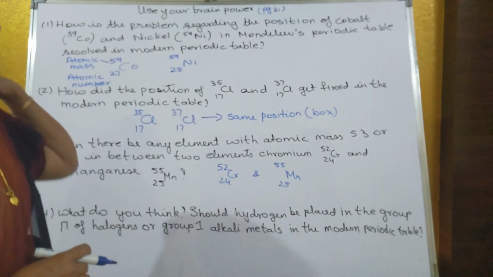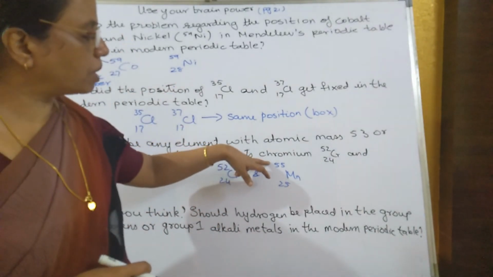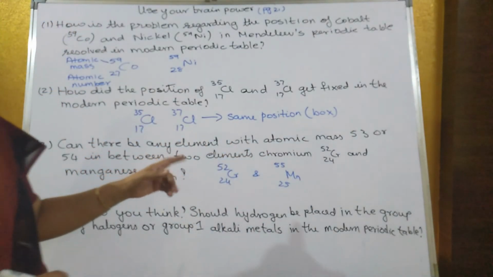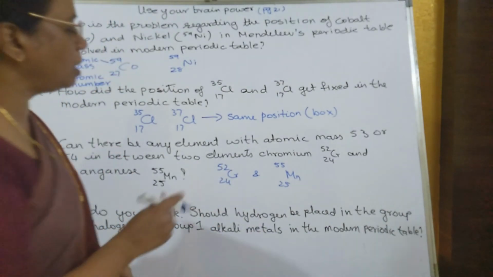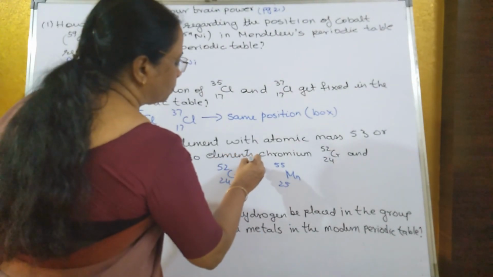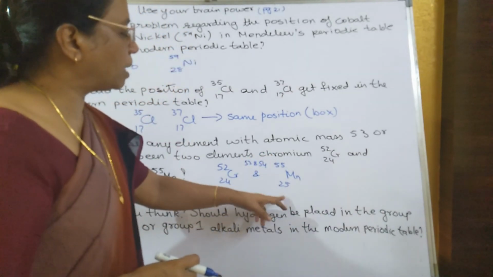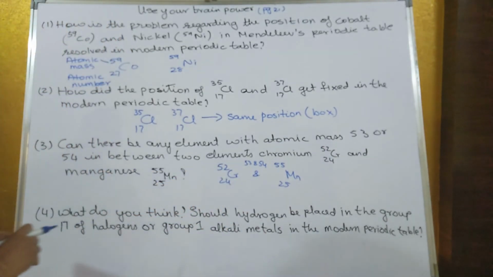Why is the question asked? Because atomic mass of chromium is 52 and atomic mass of manganese is 55. So they have asked the question, after 52, which number will come? 53 and 54. So can there be two elements between chromium and manganese with the atomic mass 53 and 54? Can there be any elements between chromium and manganese?